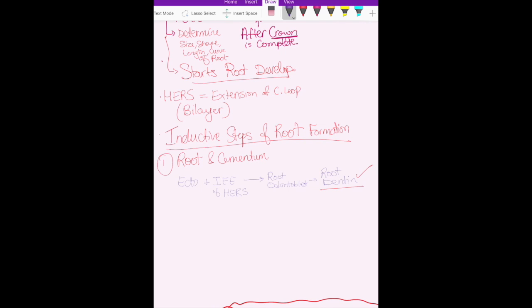Then we go into enamel proteins. Basically, we have to form enamel next. You have this amelogenin, which interacts with the cementum of the crown, and that will form the outer covering of the dentinal tubules, which initiates the start of cementum, or root cementum.